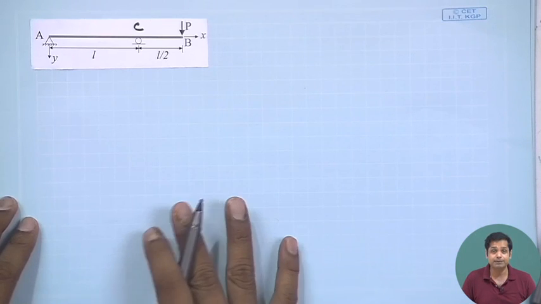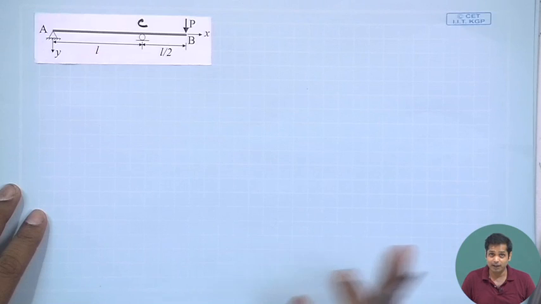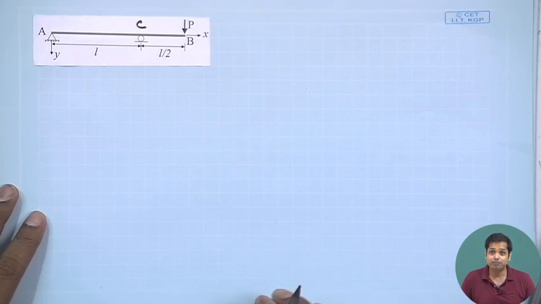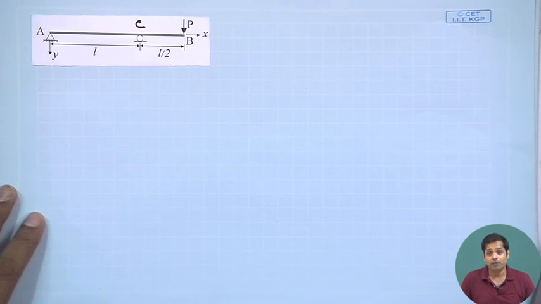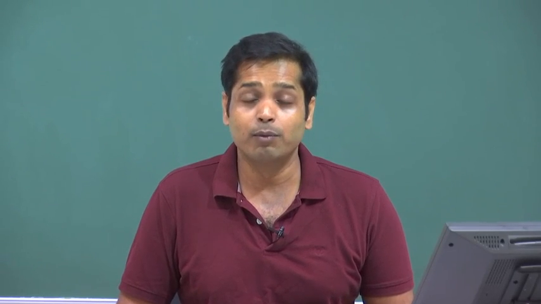Now let us first find out the bending moment diagram. In all the methods that we have been discussing, the bending moment diagram plays a very important role. So you must be very comfortable drawing the bending moment diagram of any beam.